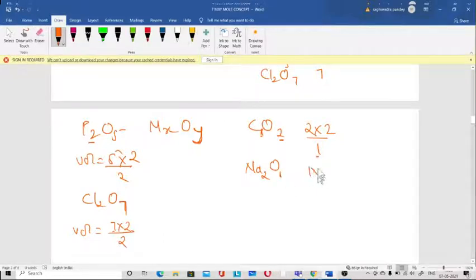So you have to multiply 1 into 2, and then you have to divide by this number, which is 2. So that will come as 1. Okay. So what is the valency here? For MXOY, what is the valency? Anybody can tell. Aparajita: 2y upon x. So that is the valency.